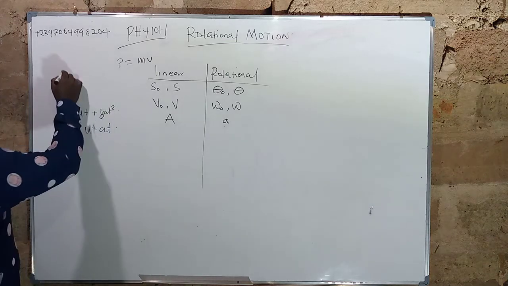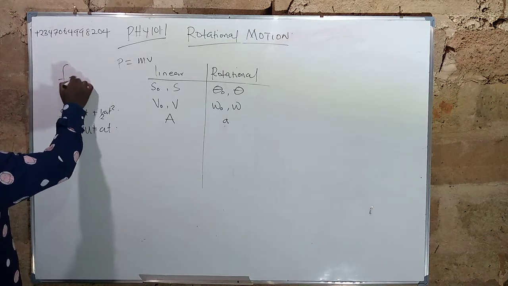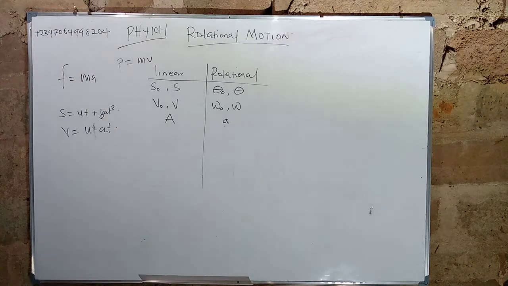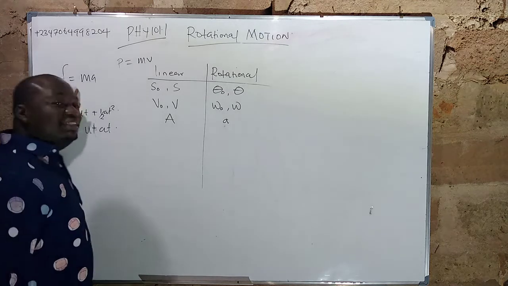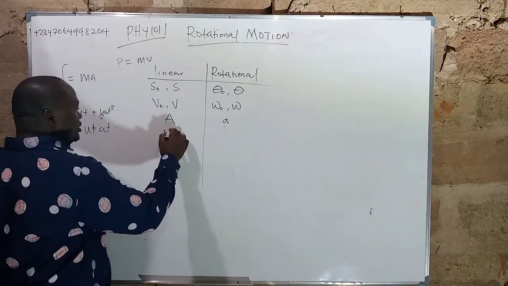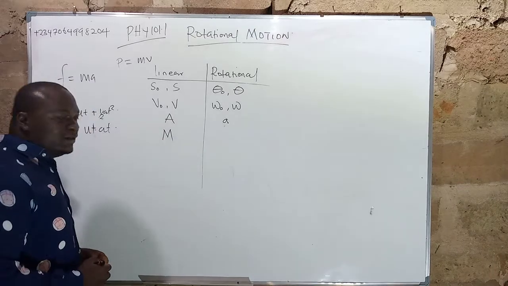Now, remember from the second law of motion, F is equal to ma. You know this formula, right? This is from linear. That formula is from linear. And remember that this m is the mass, is it not? Good. So under linear, m still remains the mass.